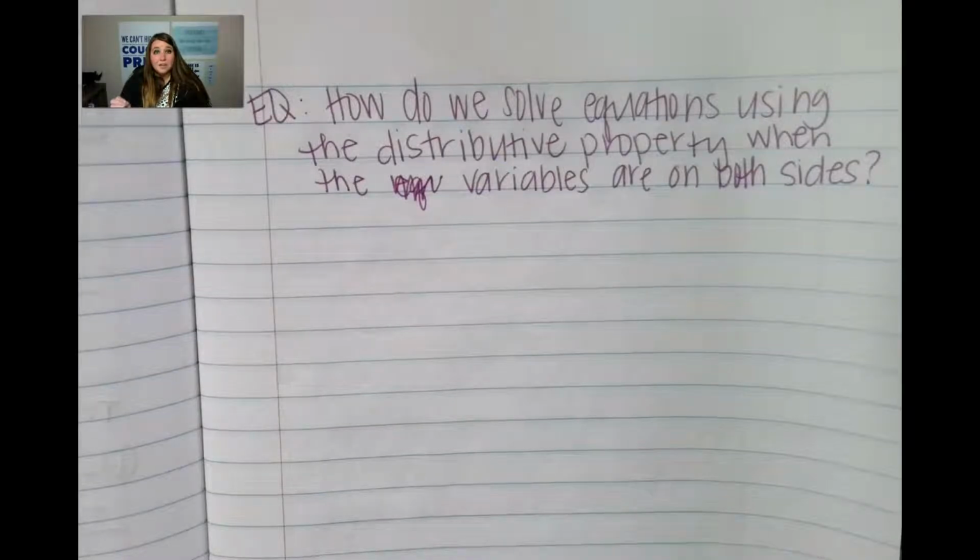We will get there because it all uses the basis of one-step equations, two-step equations, and doing the opposite. Always doing the opposite so you can isolate that variable. All right, so today, like I said, we're throwing the distributive property at you. All right, let's start with a problem.